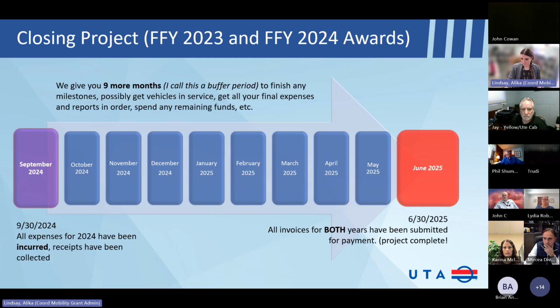Oh wait, I forgot something. By federal law, this is going to be your period of performance date, which is a milestone that we have, and it's on your grant agreement. But we have to give you 90 days past that date to finish sending us any closeout reports or anything that may have been missing.